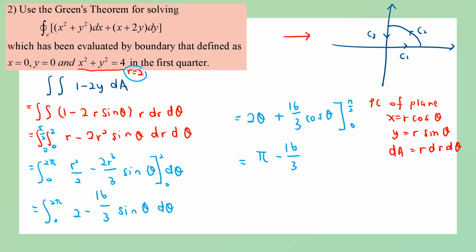When you use Green's theorem, you can solve with one integration only. Integration becomes simpler, so it's easier for you. You don't have to integrate three times to find C1, C2, and C3.